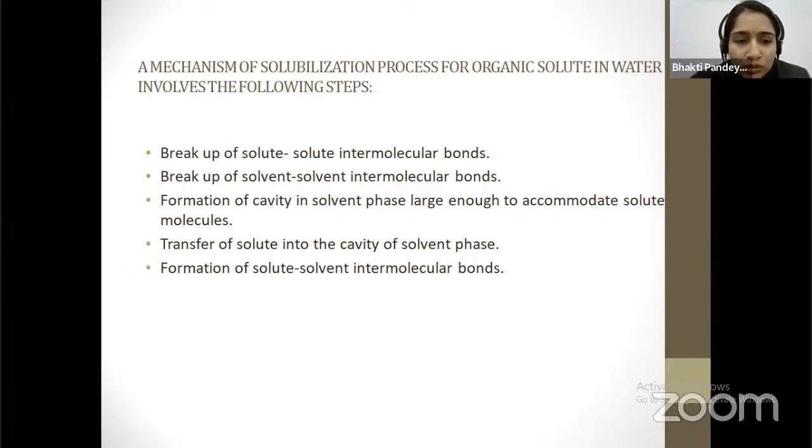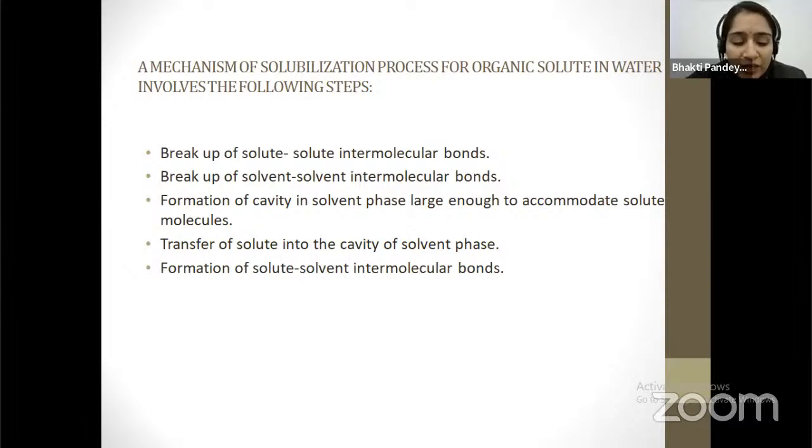Then the molecules of solvent also break apart and generate a cavity, or gap, for the solute molecules. The cavity is then accommodated by our solute molecule. Then comes the transfer of solute into the cavity of the solvent phase and the formation of solute-solvent intermolecular bonds.